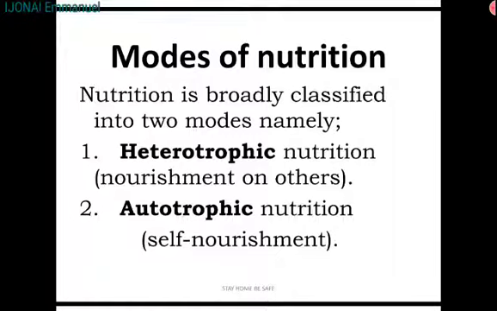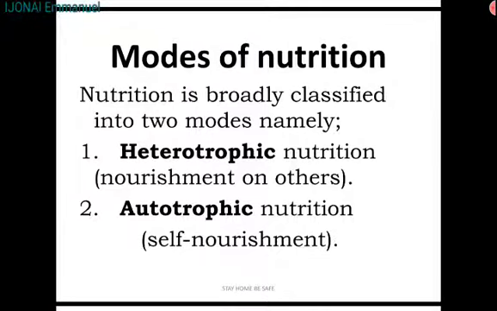From the Greek word, hetero, meaning different, and trophikos, meaning nourishment or feeding. It simply means feeding on other organisms or feeding on other different organisms.